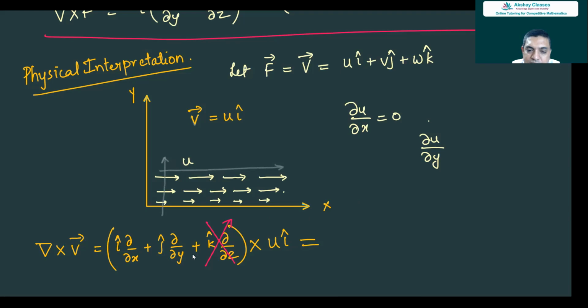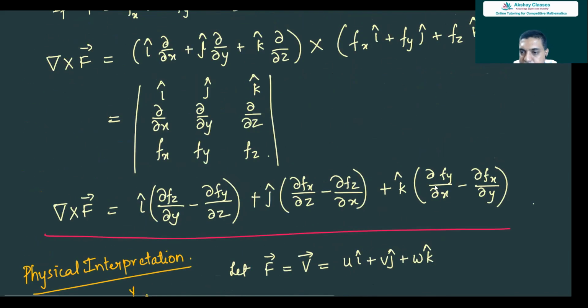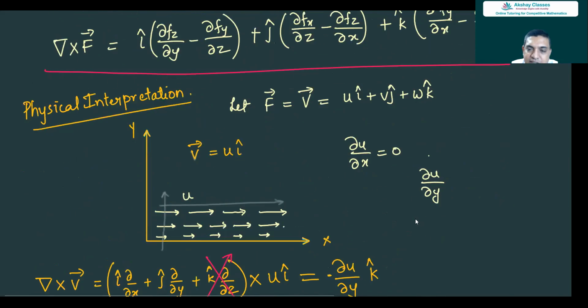So I get dou u by dou y with k cap with a minus sign. You substitute in this, you get that only: minus dou u by dou y, k cap. All other factors are 0.